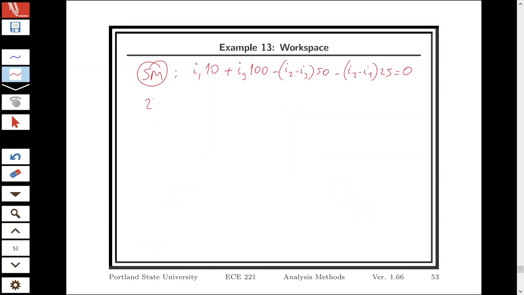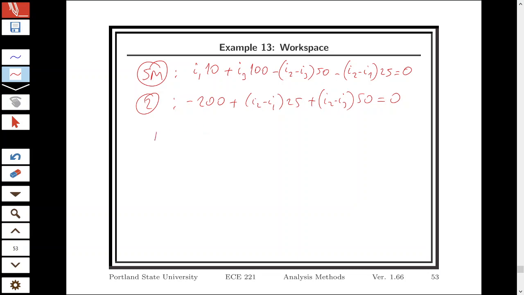So in the second mesh we have minus 200 plus I2 minus I1 times 25, okay, plus I2 minus I3 times 50 equals 0. So these are the two KVL equations that we should write, right?